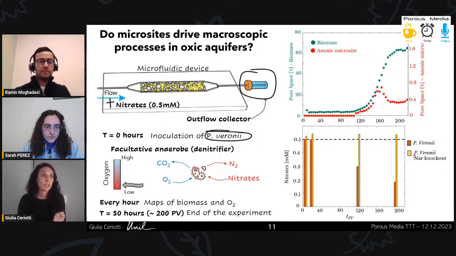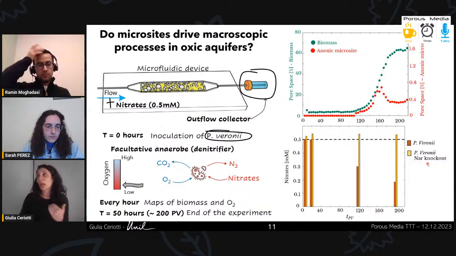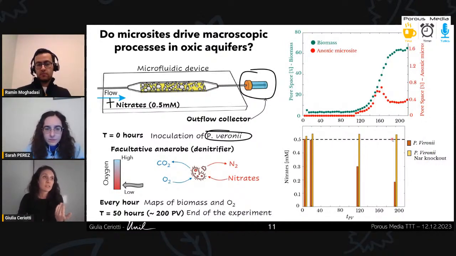So Pseudomonas veronii can still grow aerobically, but it cannot uptake nitrates. And what you can see is that if I use this strain, nitrate stays the same as the inlet. So it really means that it's when the anaerobic respiration of veronii is triggered that we can see removal of nitrates.